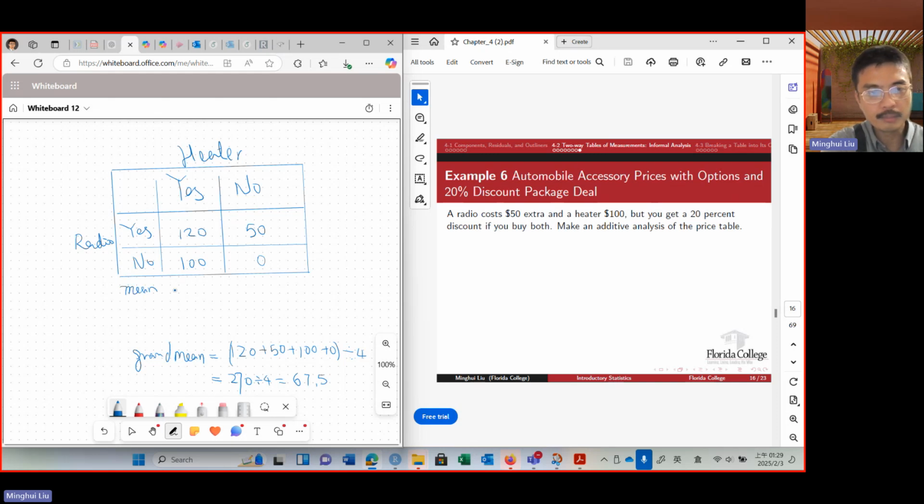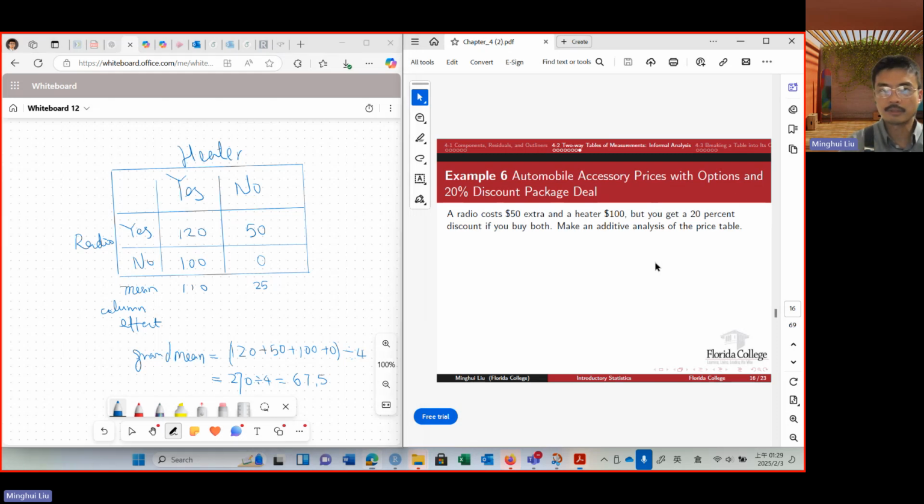For example, the first column mean, 120 and 100, is 110. We just add these two numbers and divide by 2. And similarly, the next column mean is 25. It's 50 plus 0, and the whole thing divided by 2. Now you can calculate the column effect. In this case, the column represents the heater, yes or no. And the column effect is calculated by using the column mean minus the grand mean.